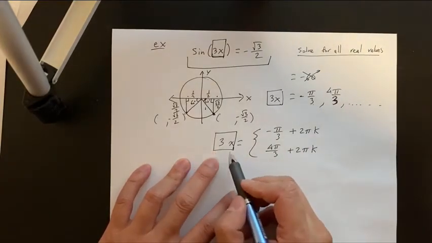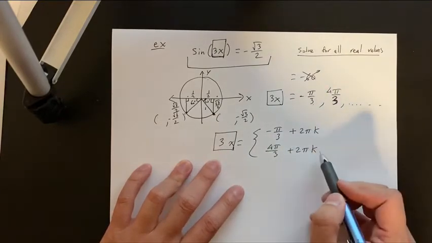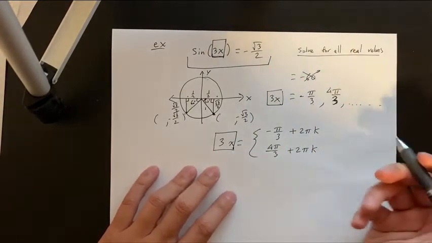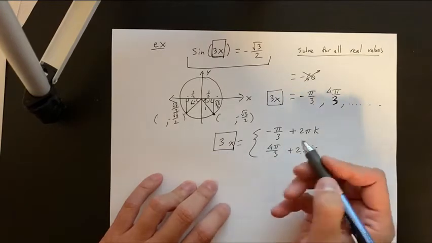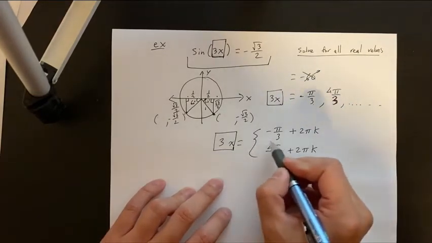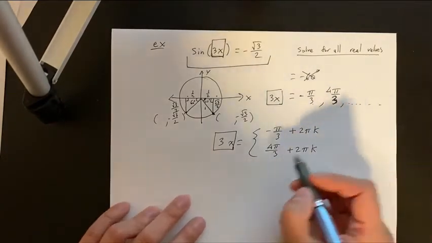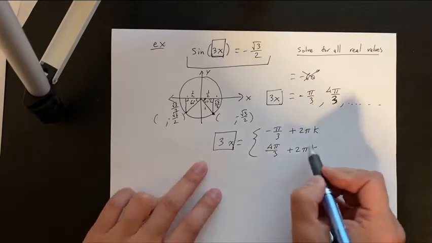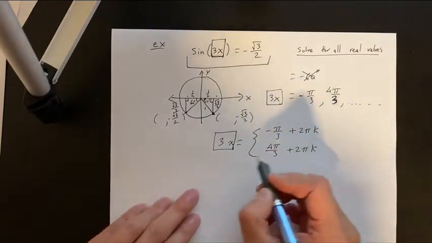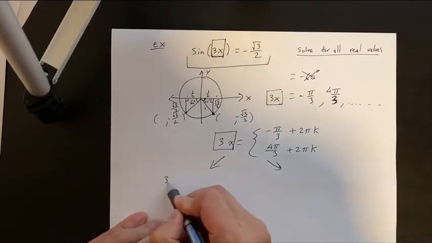So here, the angle, which is 3x, is equal to any of these values. In order to get x, you have to divide out this 3. So if you divide out the 3, that means everything on the right side will also have to be divided by 3. So really, this is a shortcut of writing two equations.